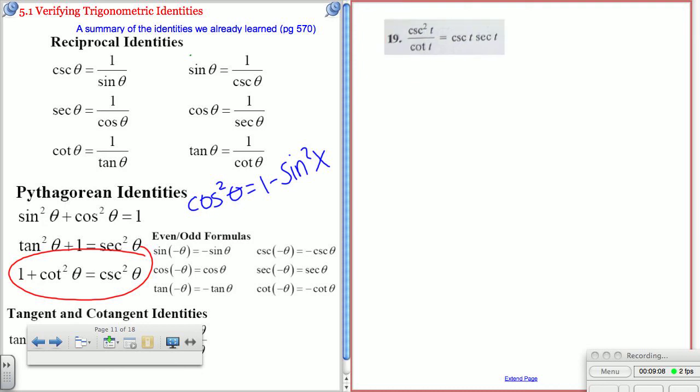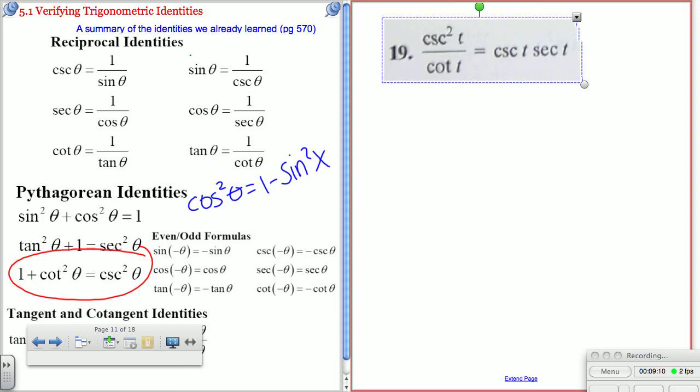Number 19. Cosecant squared t over cotan t. All right. Now, cosecant squared t means cosecant times cosecant.